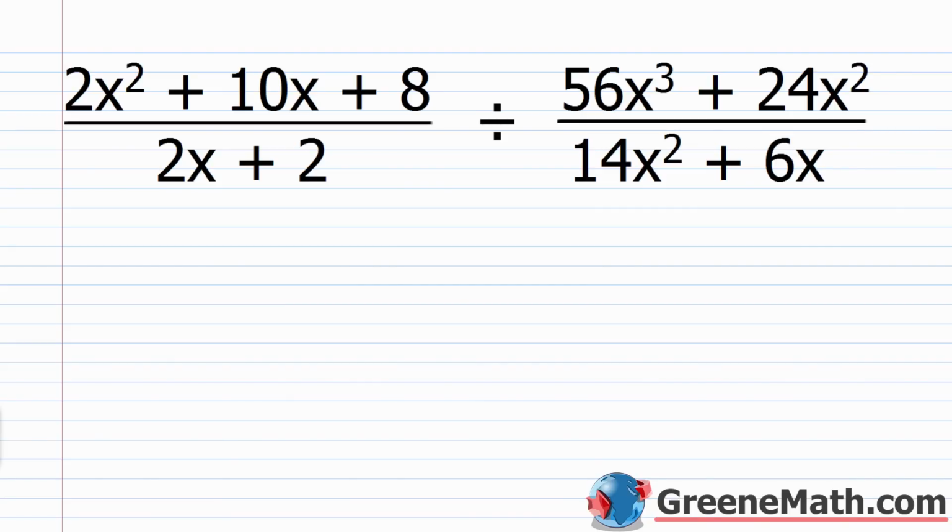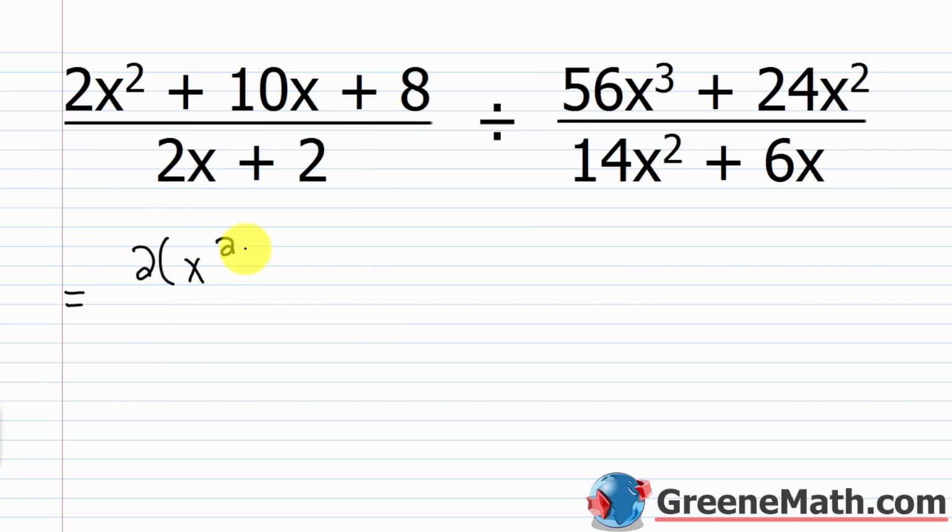Again, if you're dividing with rational expressions, it's the same thing as if you were dividing with fractions. Keep the first rational expression the same, multiply by the reciprocal of the second one. So the way I'm going to set this up, I'm going to have this first one here, 2x squared plus 10x plus 8. Let's factor this as we go. Pull out a 2.